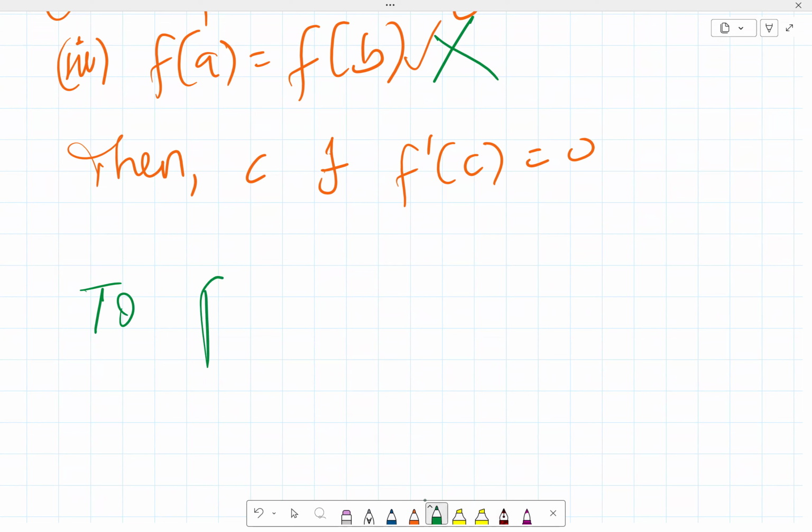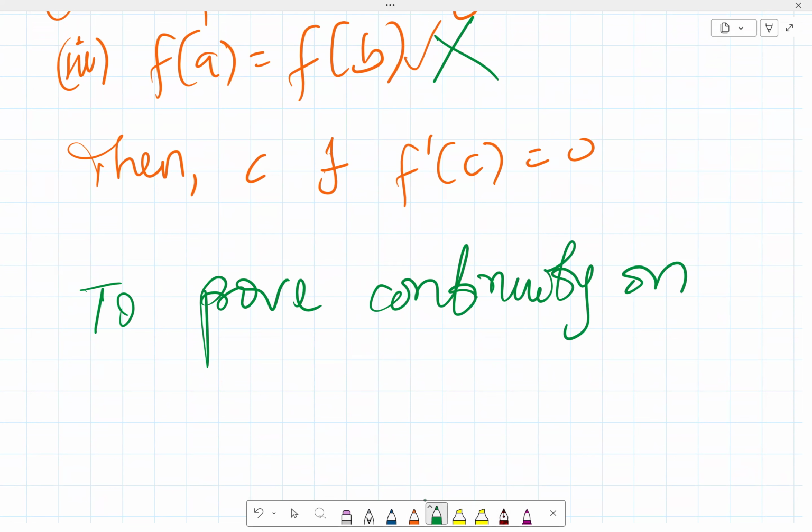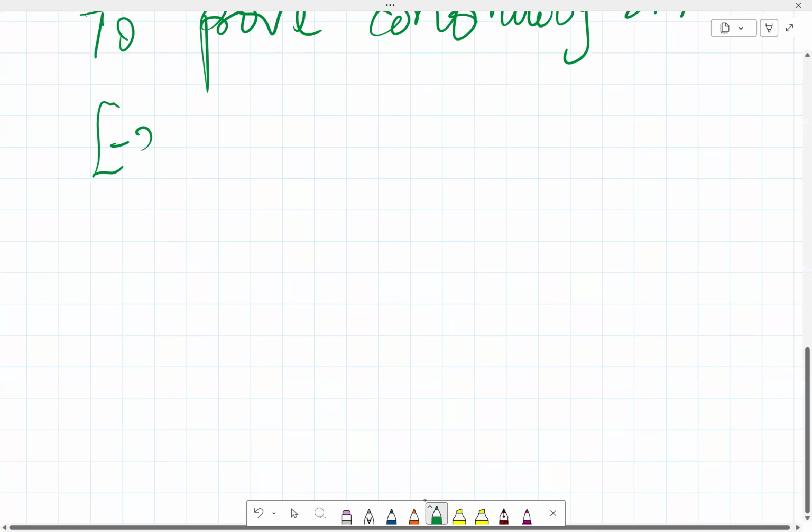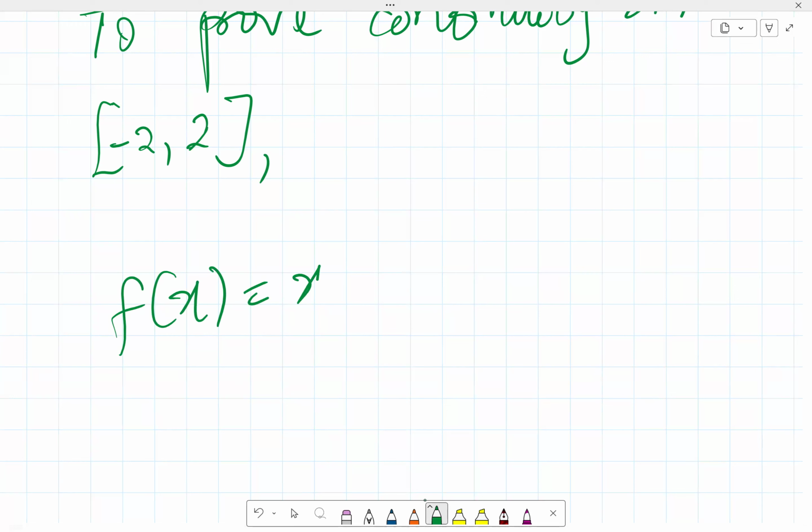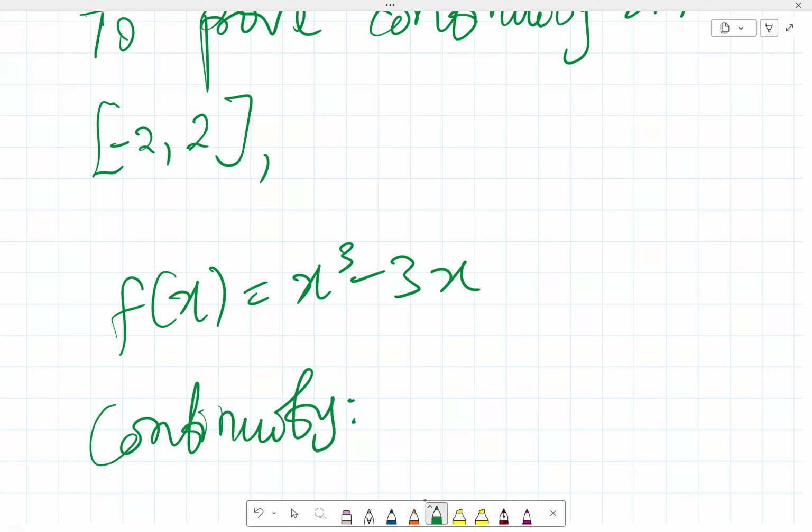Okay, so to prove continuity on the closed interval -2 to 2, of course, we know f of x is equal to x cubed minus 3x. Don't forget, there are three conditions for continuity.